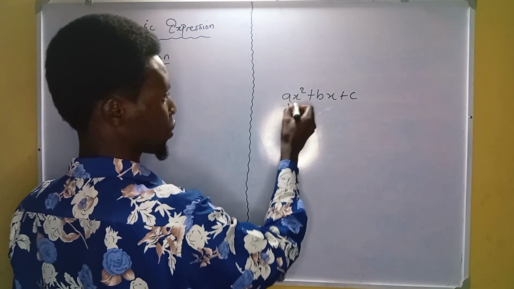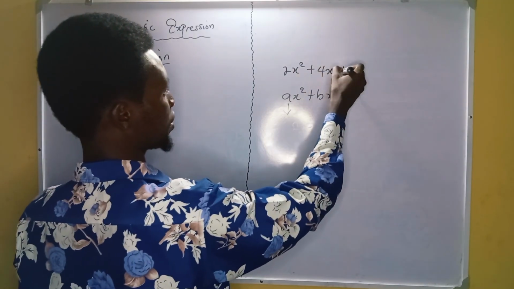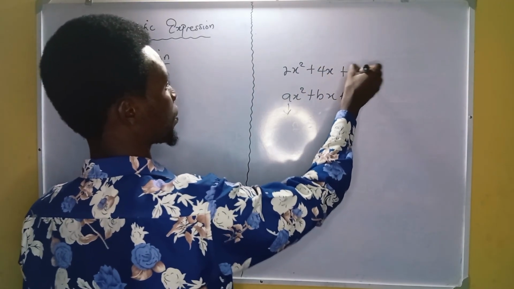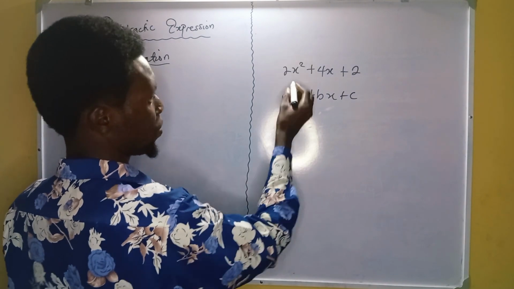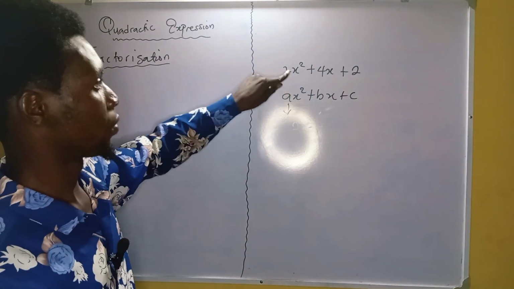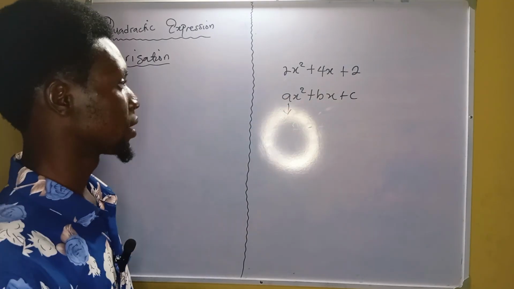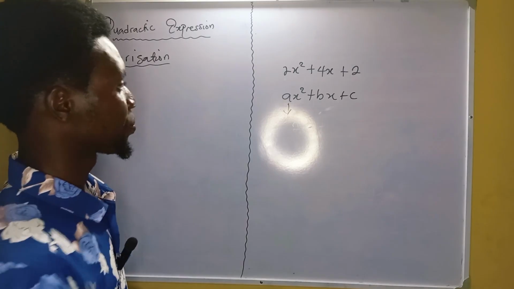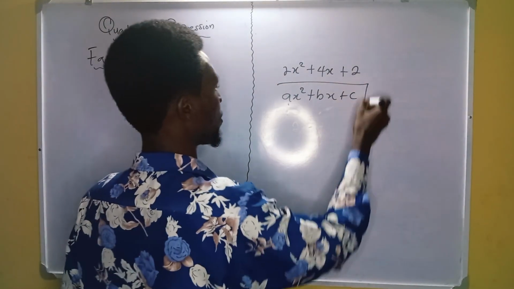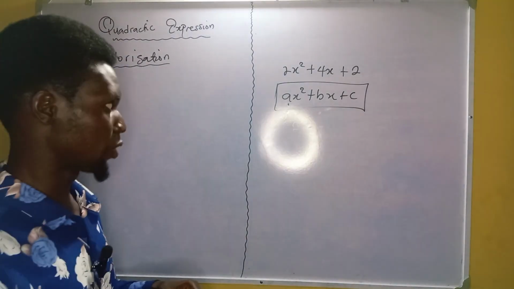Where this a is for the coefficient. For example, I give an example here. All right, so this a represents the coefficient of what? Of x squared, and b the coefficient of x, and c a constant. So this is the standard form of every quadratic expression.